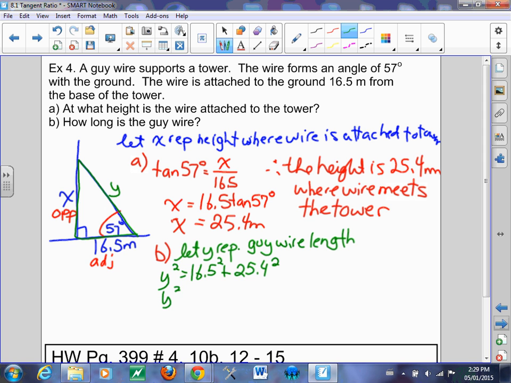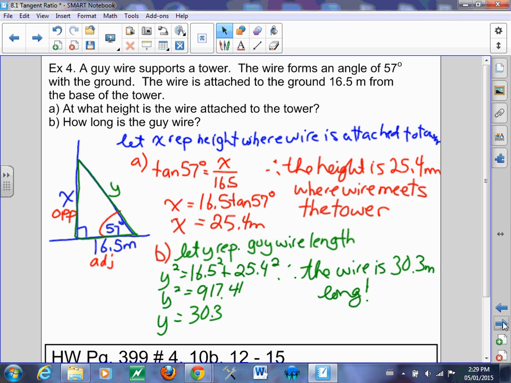So y squared equals 907.41. Don't forget to take the square root. So y equals 30.3. Therefore, the wire is 30.3 meters long.